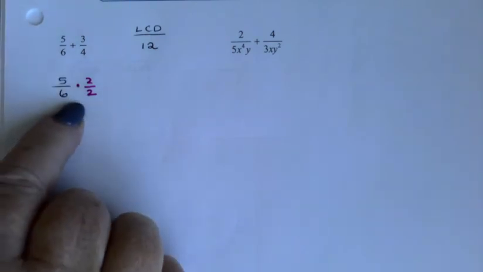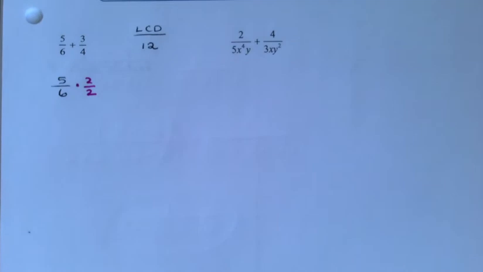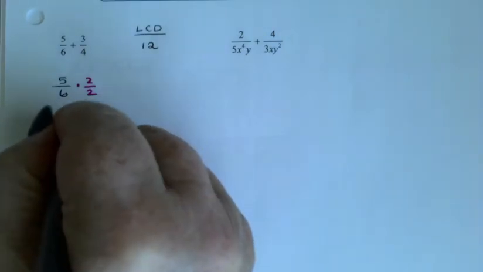And because I'm really just multiplying by a form of 1, I'm not changing the value of the number that I'm adding. That's really important. It's okay to change the appearance, but I can't change the value, or I've changed the problem. So that's going to give me 10/12.